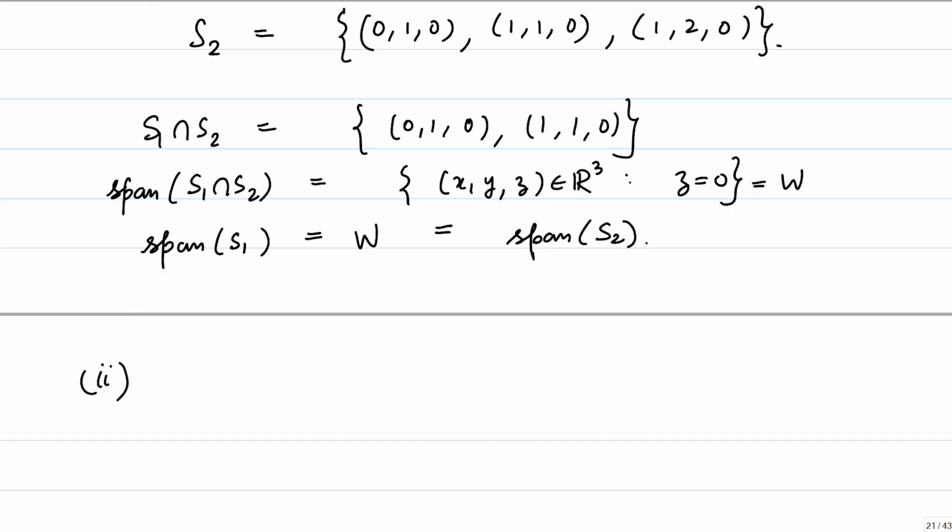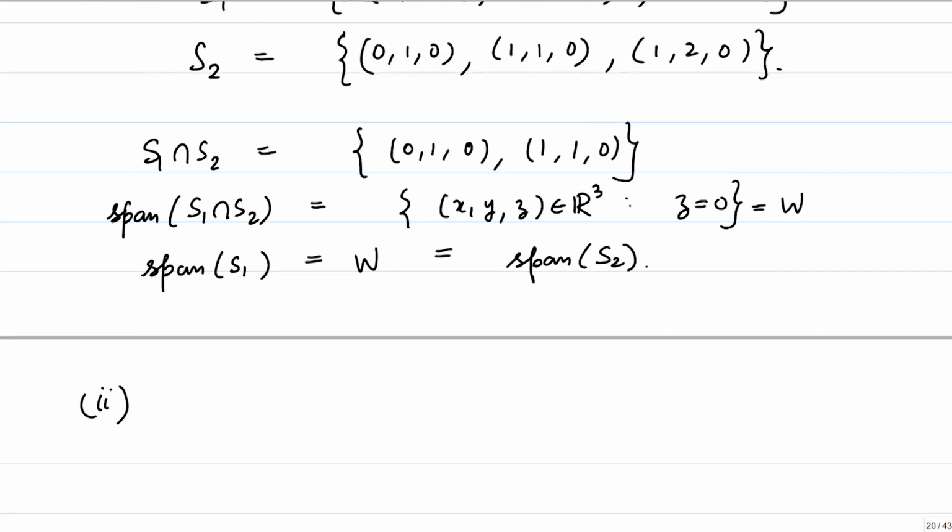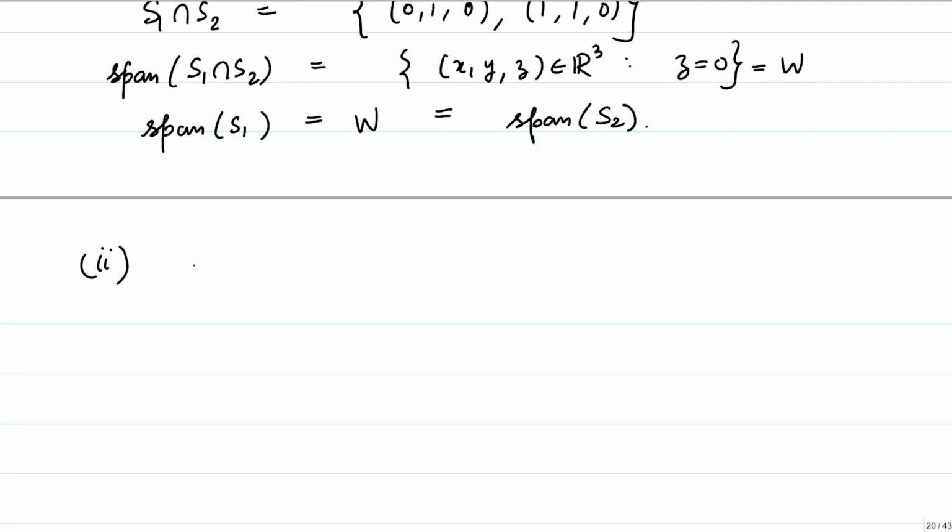Let me just give you an example and leave the rest to you. We would like to get hold of an S1 and S2 such that span of S1 intersected with S2 is a strict subset of span of S1 and span of S2. That's not difficult.